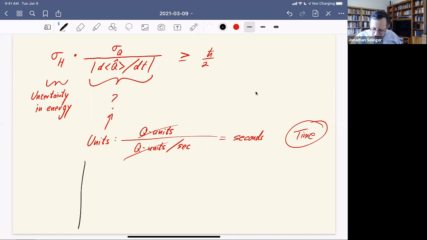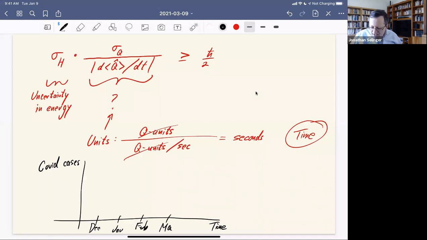Suppose we're looking at COVID cases per time, so you have December, January, February, March, something like that. At any month, if you look day to day, there's a lot of scatter.